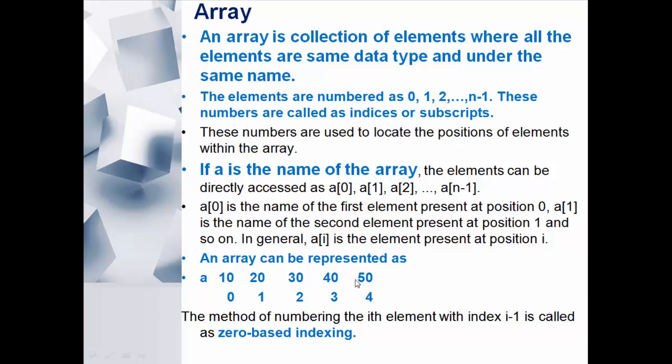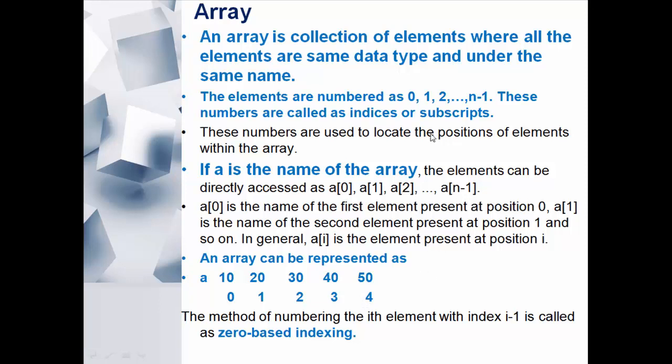These are the array elements present in the array called a, and they can be accessed using a of 0, meaning at the 0th position the element is 10, at the first position the element is 20, at the second position the element is 30, at the third position the element is 40, and at the fourth position the element is 50.